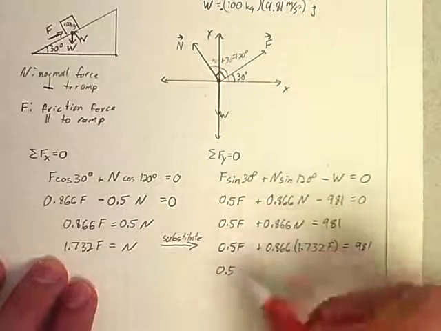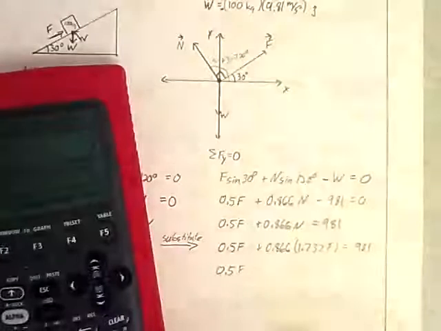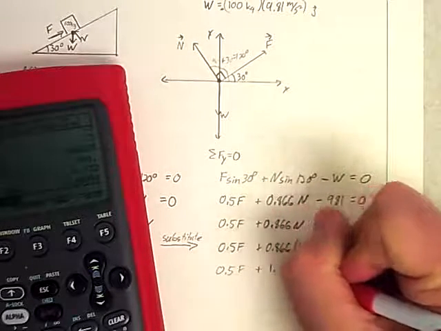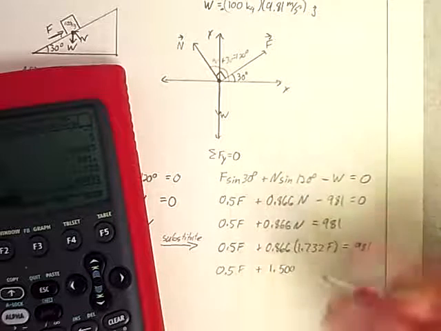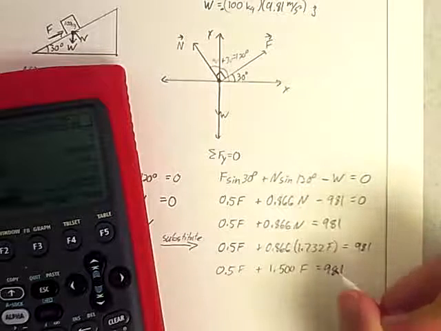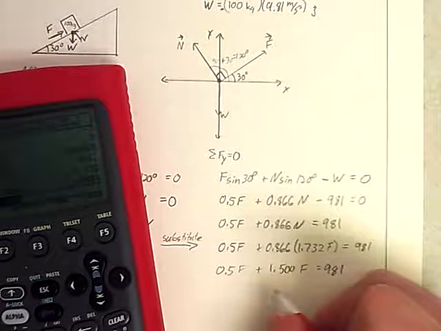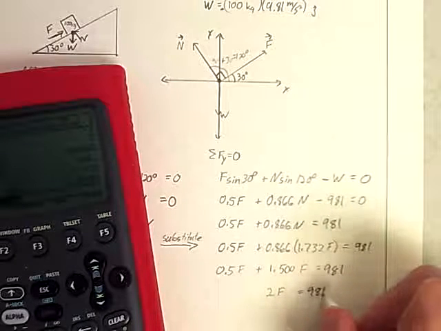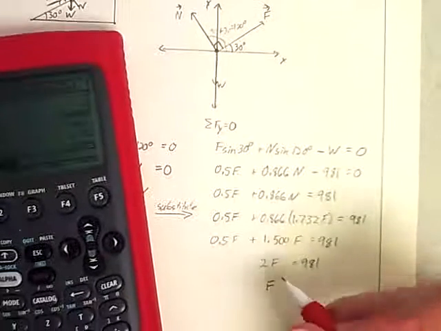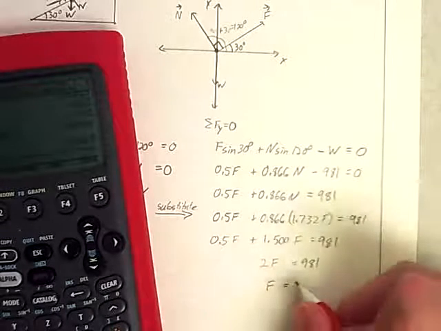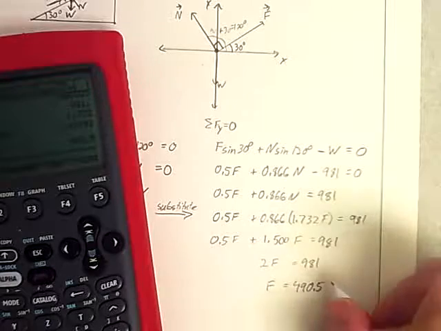If I multiply 1.732 by 0.866, I get 1.500 times F equals 981. Add those together, 2 times F equals 981. So F must equal 981 divided by 2, which is 490.5 newtons.